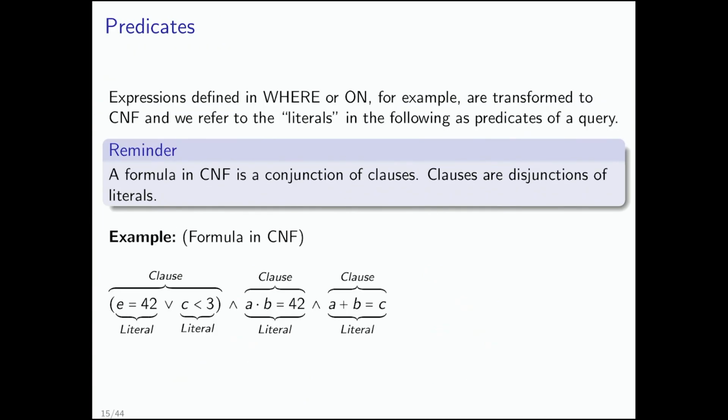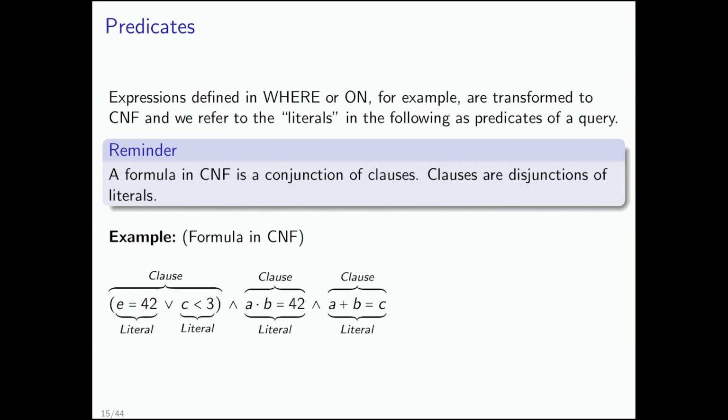Yeah, let's briefly talk about predicates. We had already these two different flavors of predicates. Predicates are expressions defined in the where or the on clause, for example. This join on clause is another way of specifying the join predicates. And they are transformed to a conjunctive normal form.